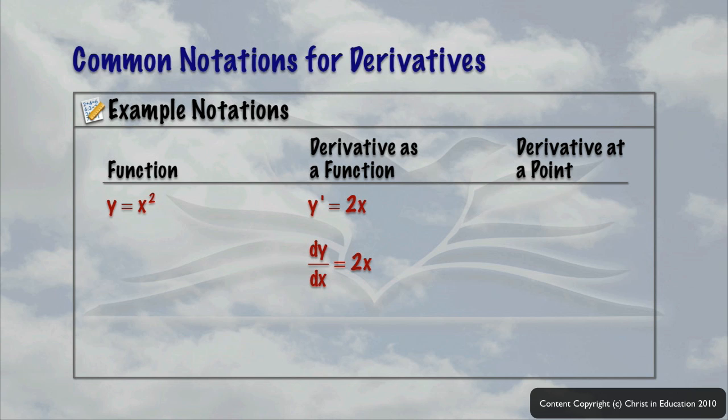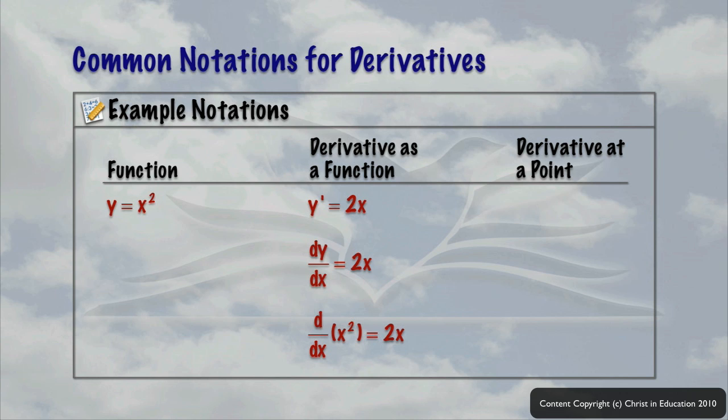So cancelling is a nice idea, but it's not going to work. So here I have the derivative of x squared. So I'm taking this side of the equation, the derivative of x squared with respect to x, and that is 2x. These are all, I would say, especially this one, very common in your textbooks. And it's really important that you know this notation as well.